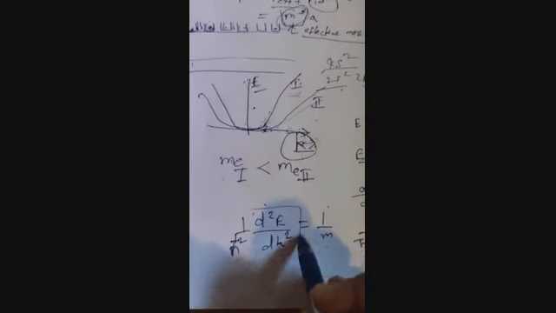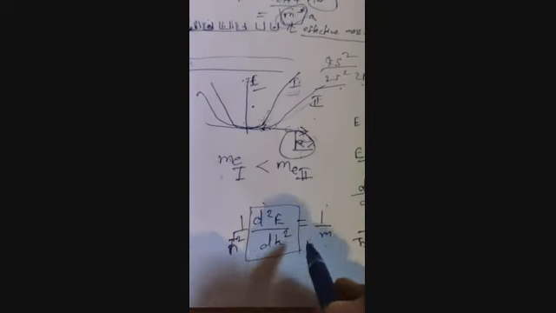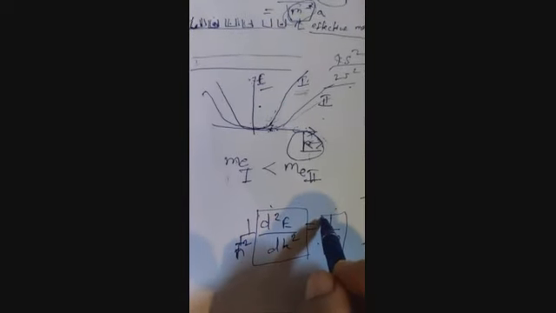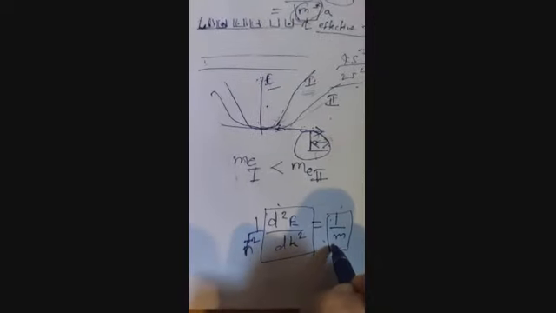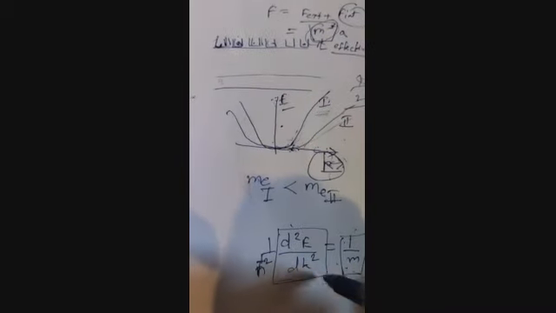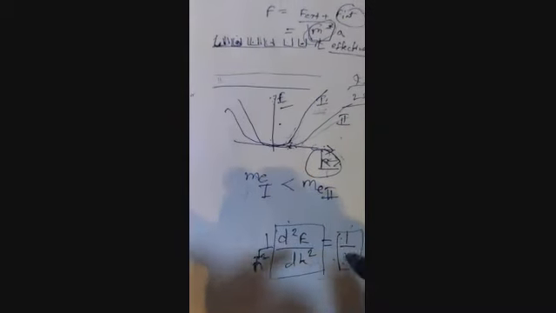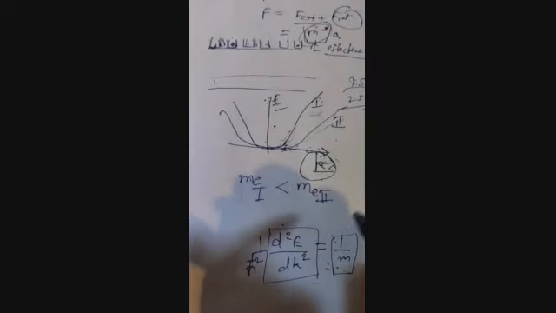So d2E by dk square is now a constant quantity which is 1 upon m, and it should be positive. And you know, if the second derivative of a function is a positive quantity, then it means a maxima or minima sort of thing. These things you have read in your intermediate mathematics and in engineering also, so you can go through that.